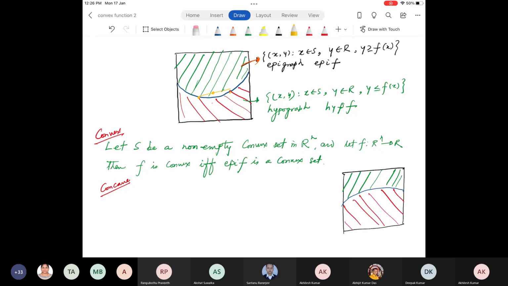The lower one is epigraph. See the definition, y greater than or equal to f(x), so always the upper part is epi f and this one is hypo f. So for a concave function, f is concave if hypo f is a convex set. Is this clear? Yes, sir.